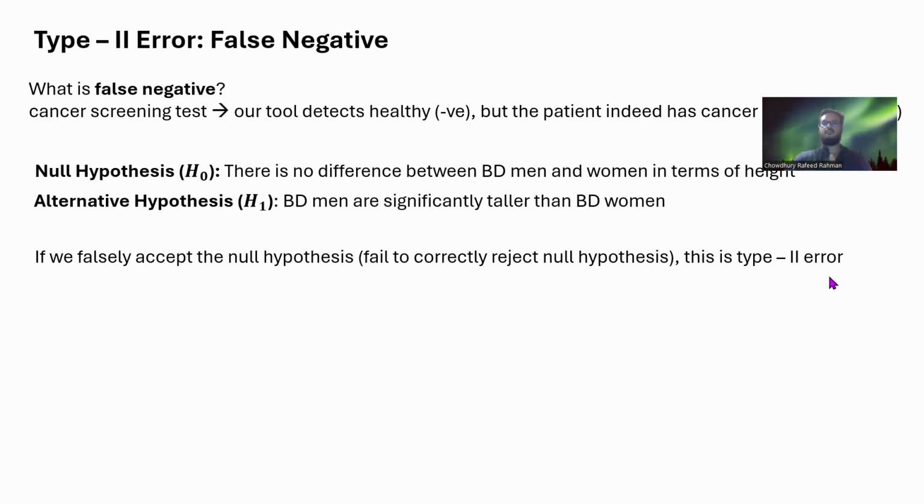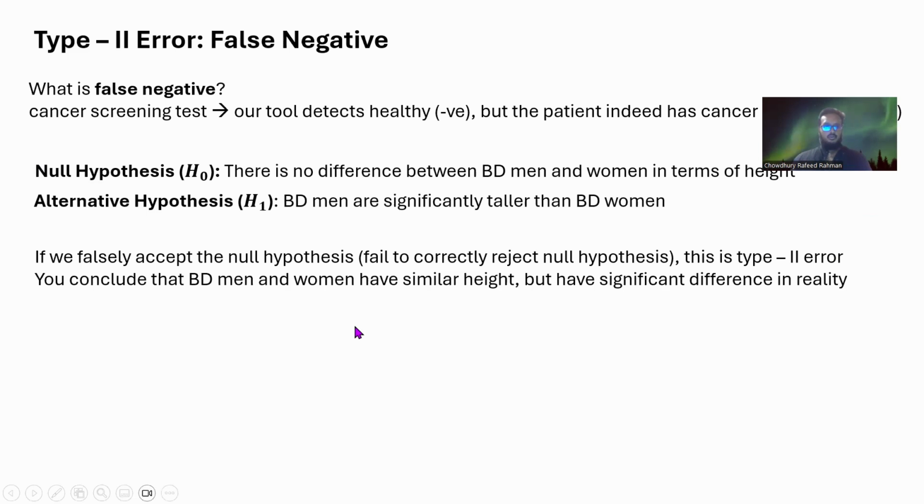So it's the flip side of type 1 error. If you conclude that BD men and women have similar height, which is the H0 hypothesis, but actually men are indeed significantly taller than women, then you have wrongly accepted the null hypothesis and you have made the type 2 error.